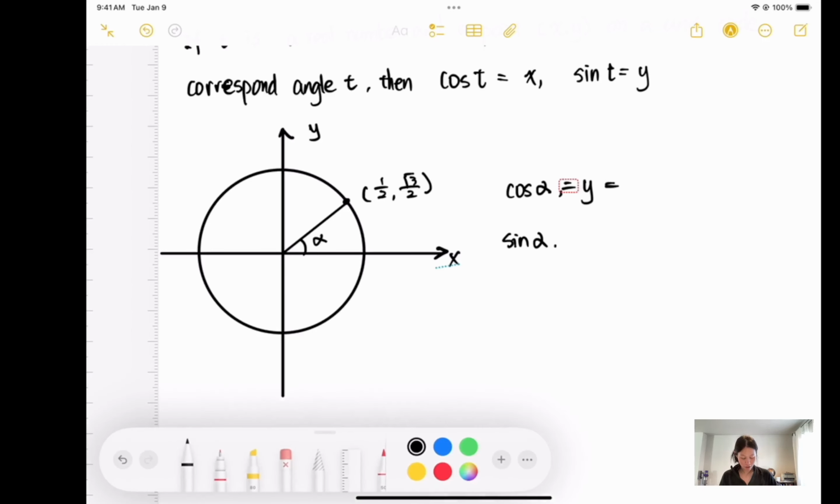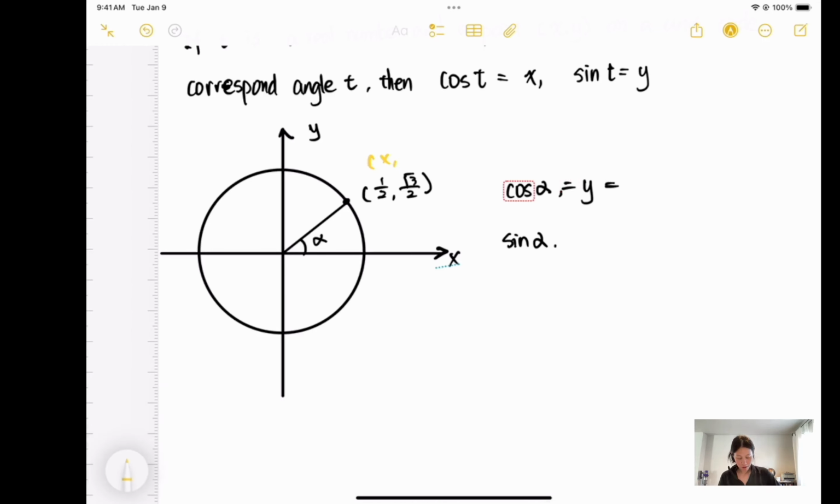In our case, the left coordinate is x, the right coordinate is y.